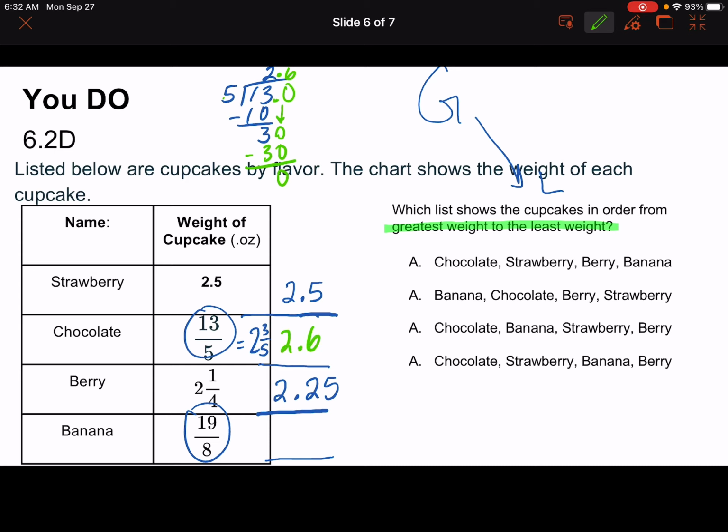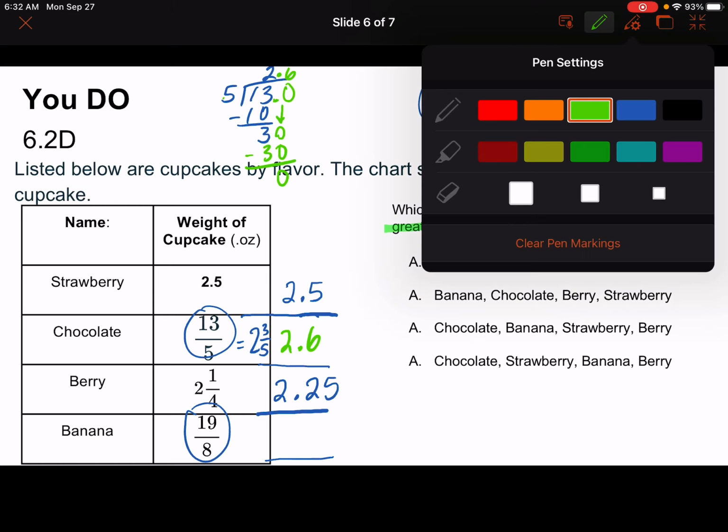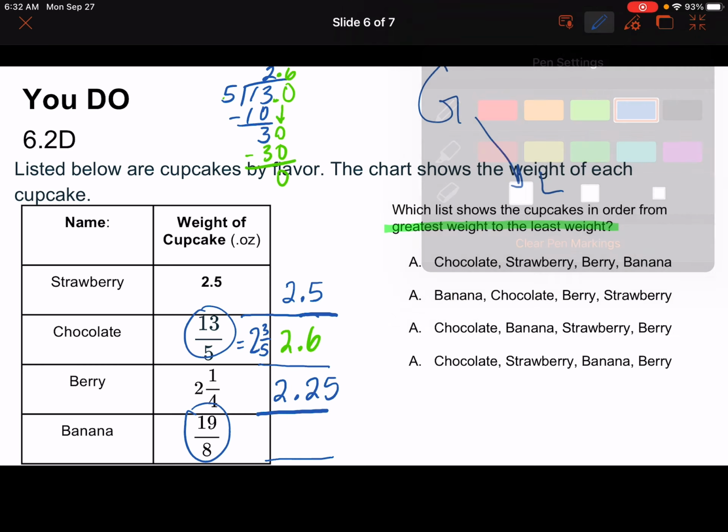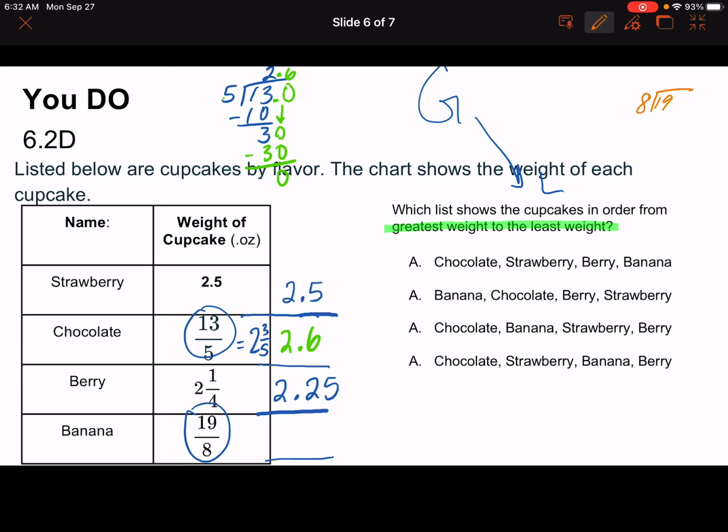19/8. I'm going to divide this out. Remember, the numerator, top number, goes in the house. 8 goes into 19 twice. Remainder of 3. Okay, from the previous question, I know 3/8 as a decimal, but I will continue it as practice.